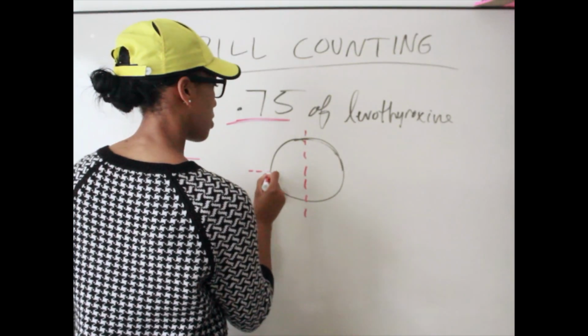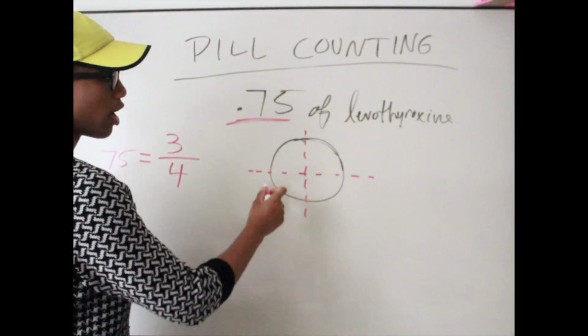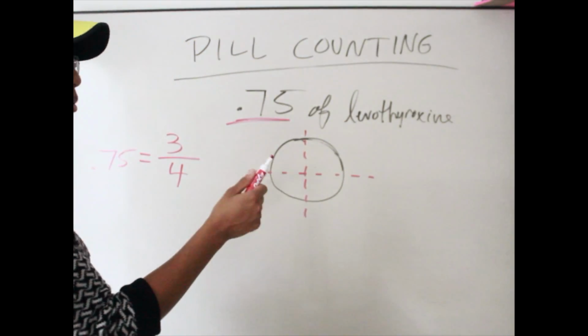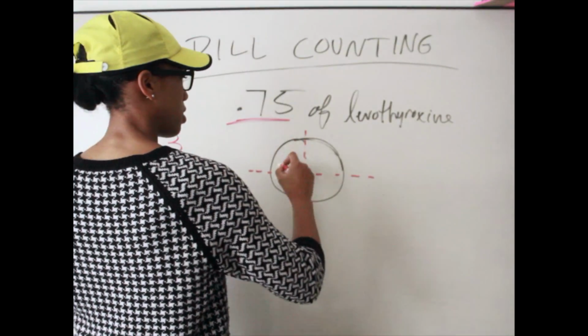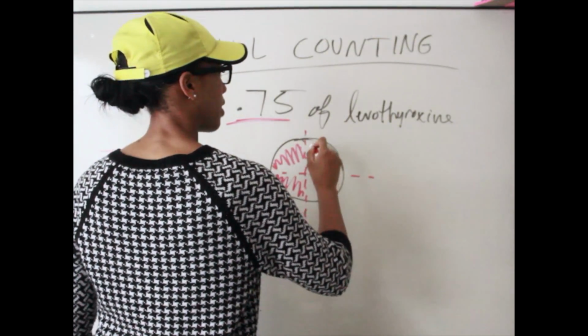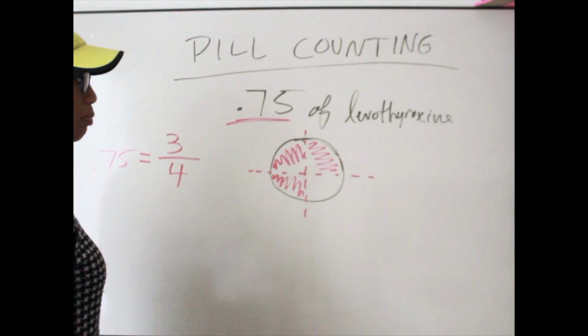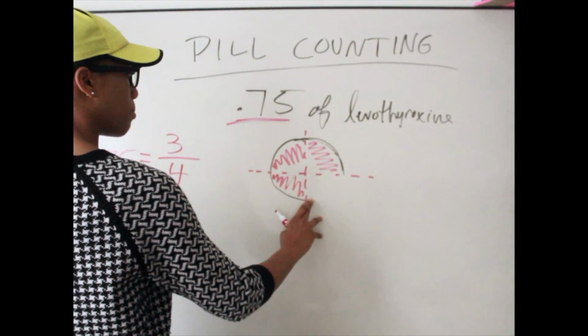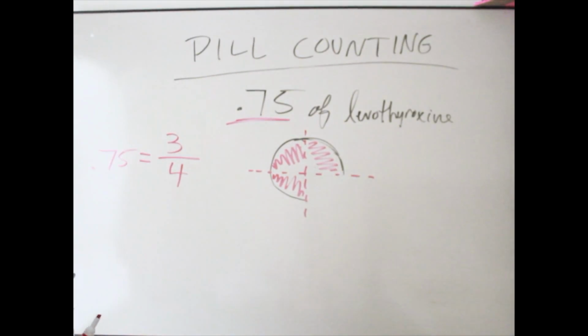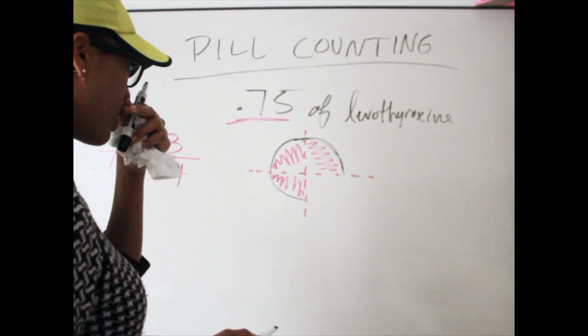Okay? So out of this, if we divide our whole pill into 4 parts, now it makes it simple for us. We just shade in 3 parts. And that's how much pill we have. So this is how much pill that patient would get, okay? They would get 3/4 of a pill. All right, so basically now let me talk about how you would cut this pill.